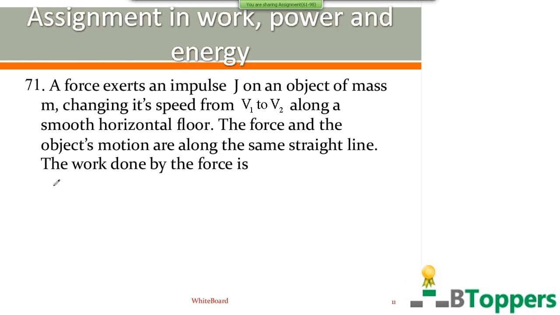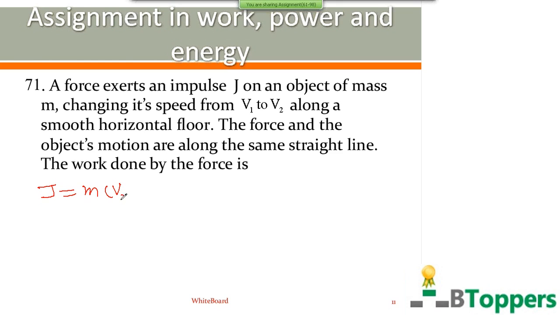Now the impulse J you can write as change in the momentum, because the problem is given with one-dimensional motion. That means all the impulse, initial velocity, final velocity, force and displacement are in the same direction.